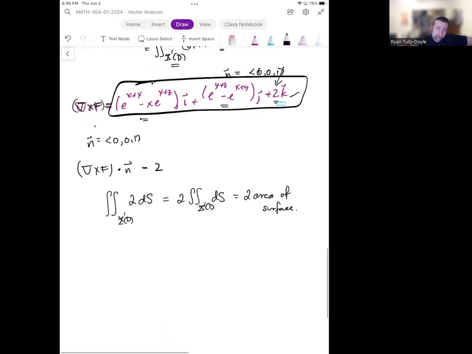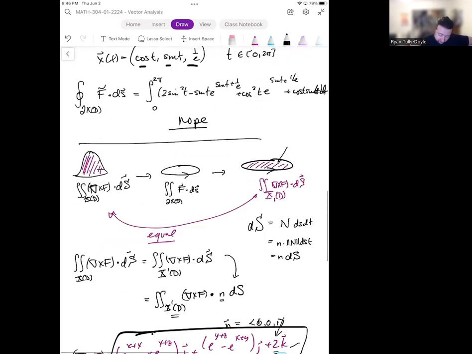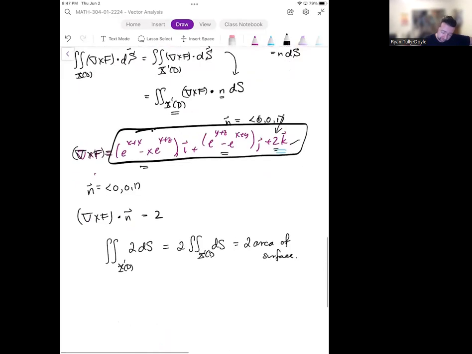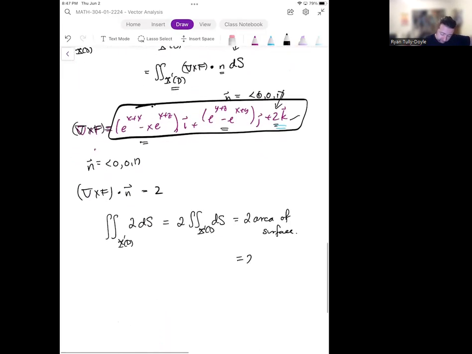The surface is a disk, so its area is pi, a circle of radius 1. Right? This is a circle of radius 1. This is 2 pi.